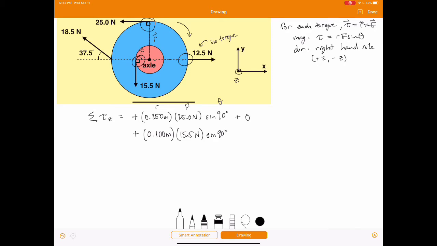Okay, now we have to do this one, the last torque. So let's start by showing the r vector. Again, it goes from the axis of rotation to the point where the force is applied. So this is the r vector going straight to the left once again. So let's do the right-hand rule to figure out what direction that torque is going to be in. So here's what you have to do.